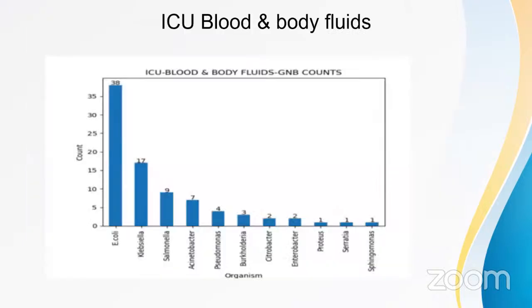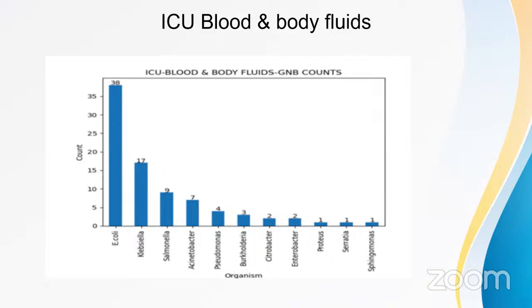So I'm going to show some examples of antibiograms, like our hospital counts of isolates and antimicrobial susceptibilities. This is showing ICU blood and body fluids, the GNB counts, showing E. coli more than 30, and then Klebsiella, Salmonella, and other things. So we have enough numbers here. It's 38.